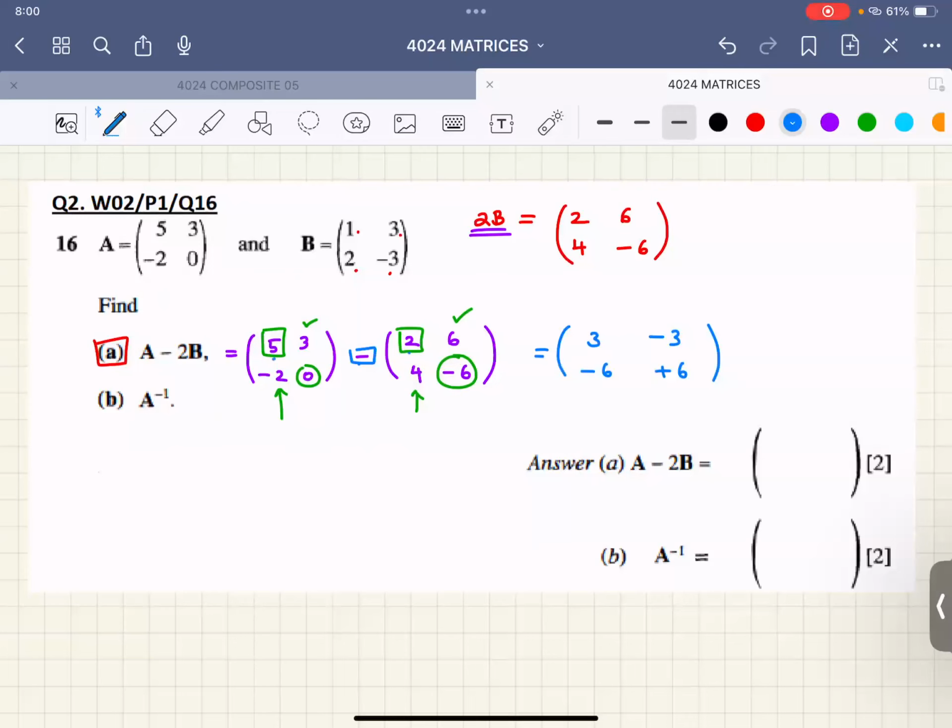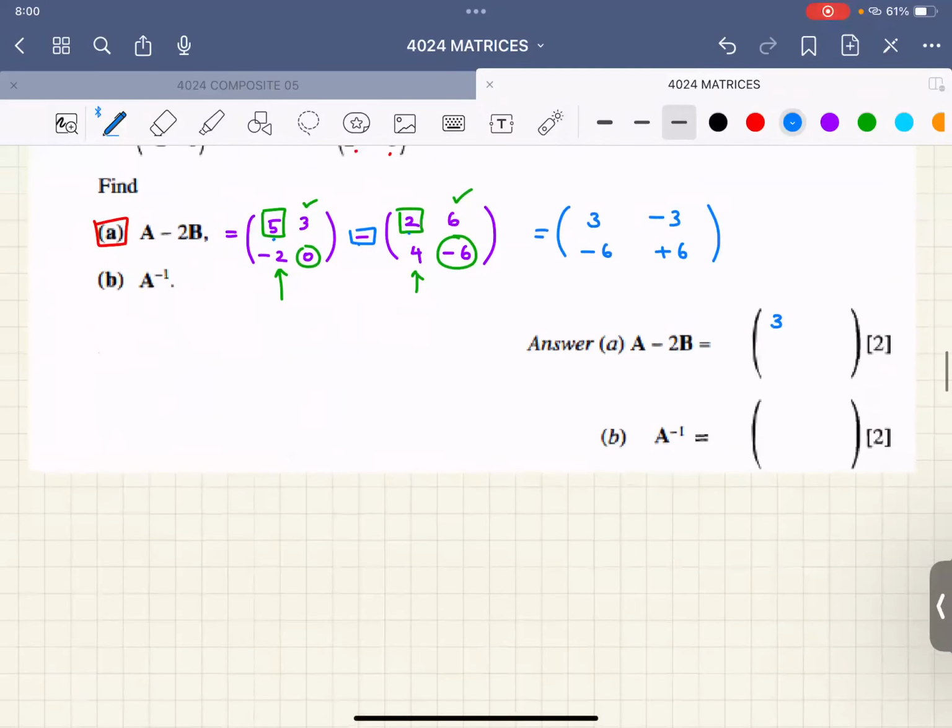That is the answer. Write it in the space provided: 3, -3, -6, +6.